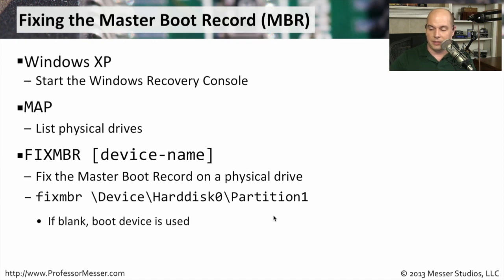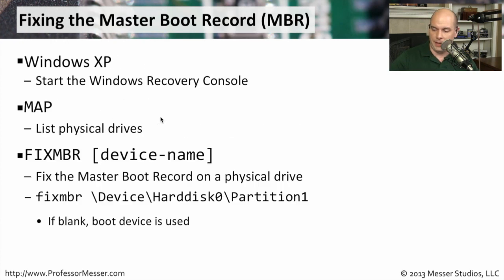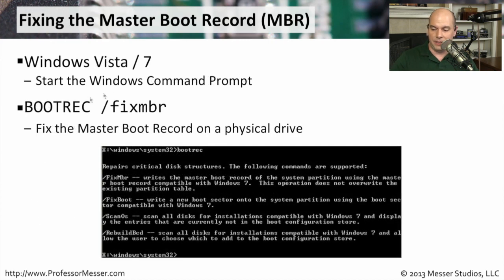Now, it's a little bit different in Windows 7 and Windows Vista. In those operating systems, you use a command called bootrec, boot recover, BOOTREC. And you use a command in there /fixmbr. So similar, I'm going to flip back here. Fixmbr was the command in XP. In Vista and 7, it's bootrec /fixmbr.